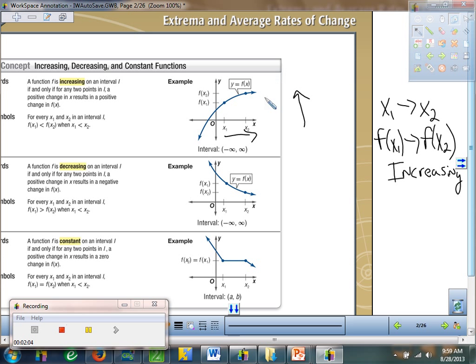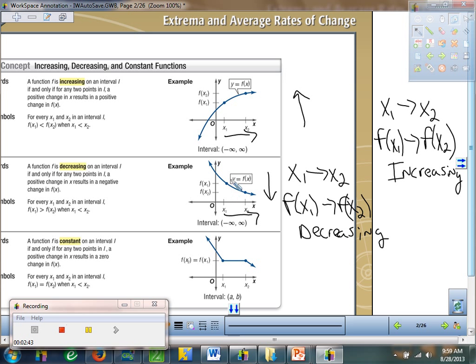We're going up. Now down here, as we go from x1 to x2, what's f of x2 doing? What are our y values doing? As we go this way, the y's are coming down, so we would say this is decreasing.